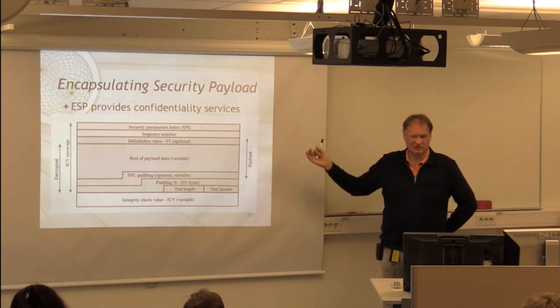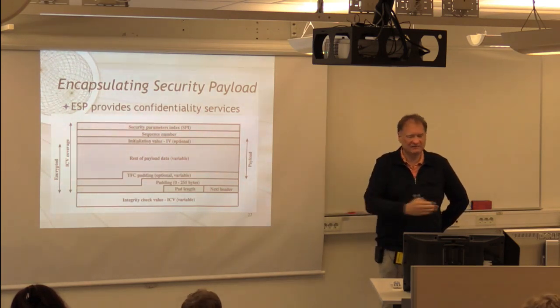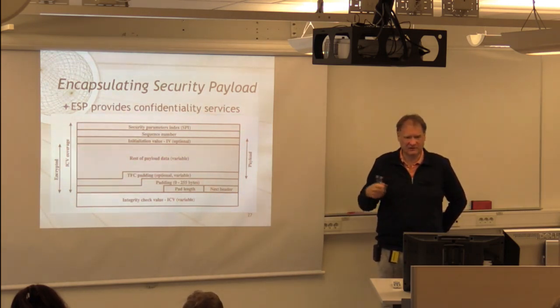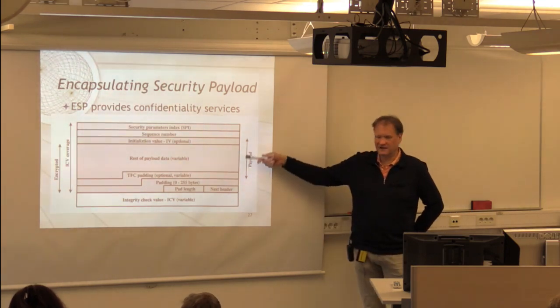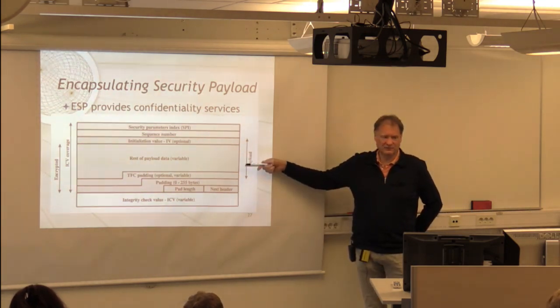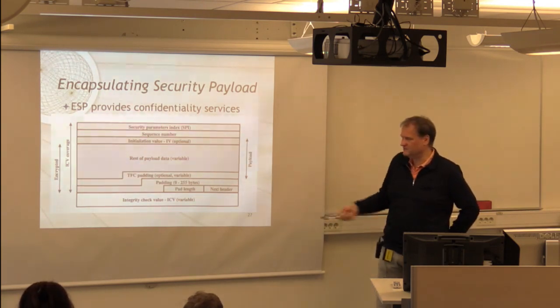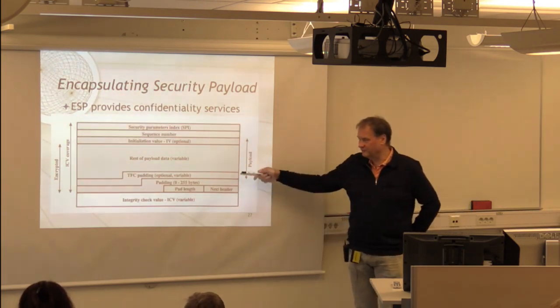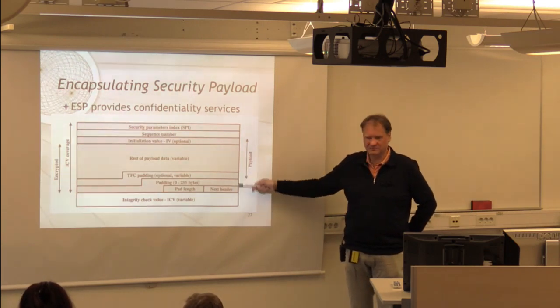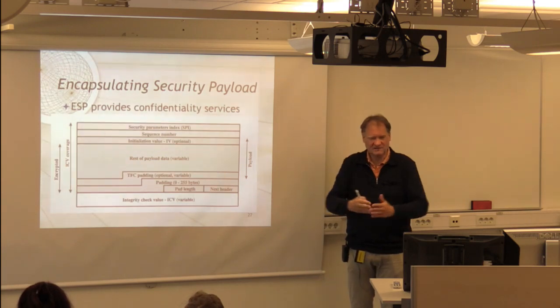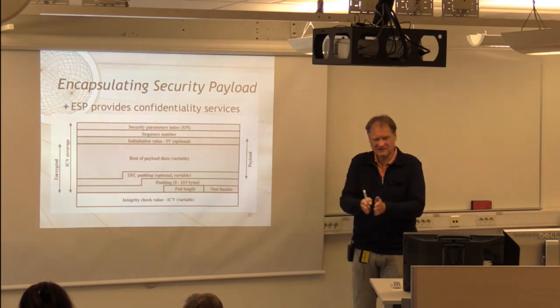Because ESP should give confidentiality, so it's everything, the entire packet, or the payload depending on which mode we're using. But this is the entire original payload at least. That is here, down here. So this is quite big then. And then after that we have also some headers. So actually we encapsulate all the original packet inside the header here.